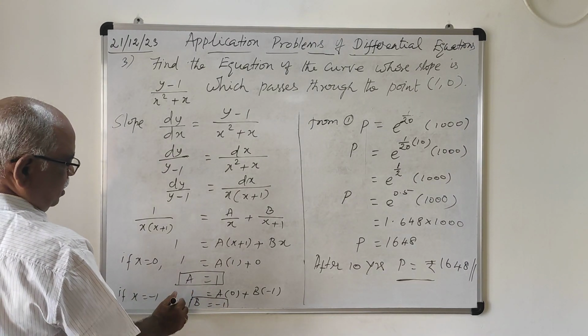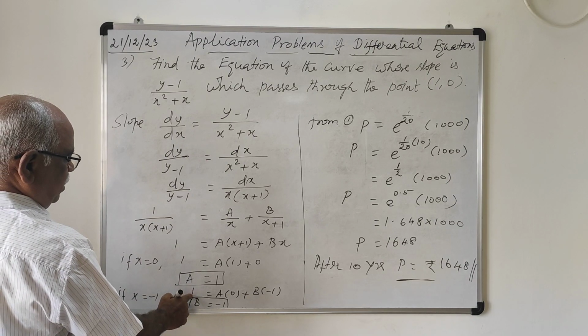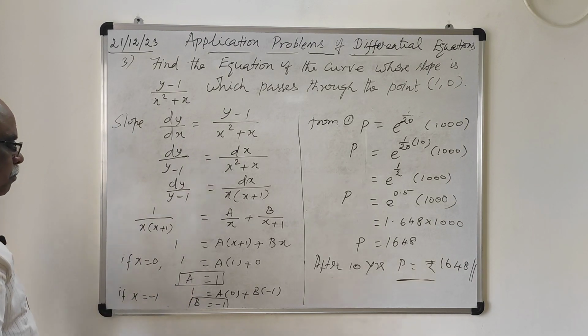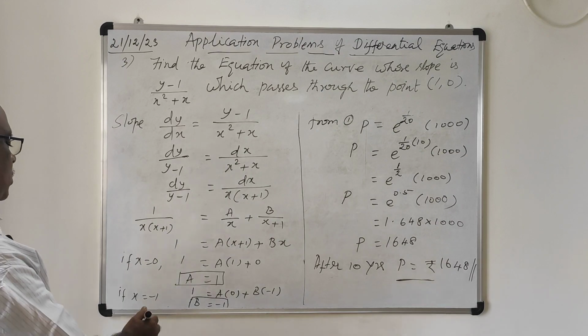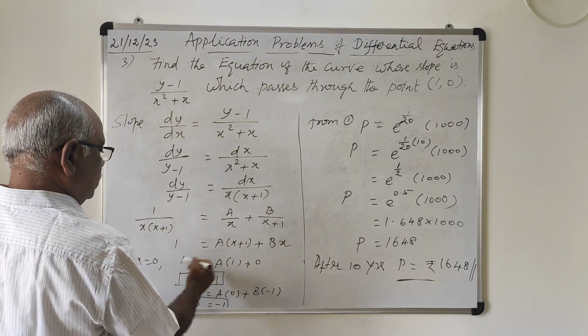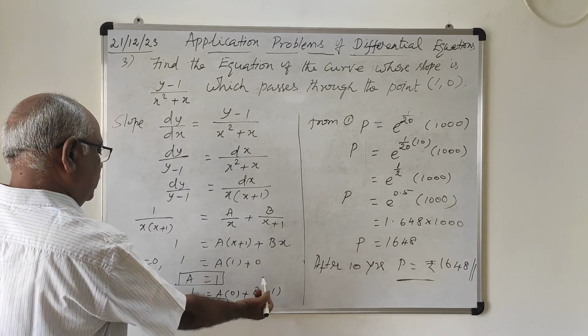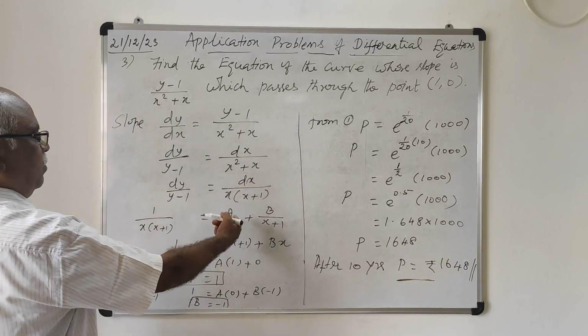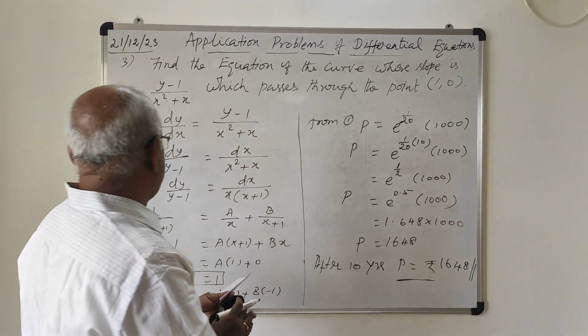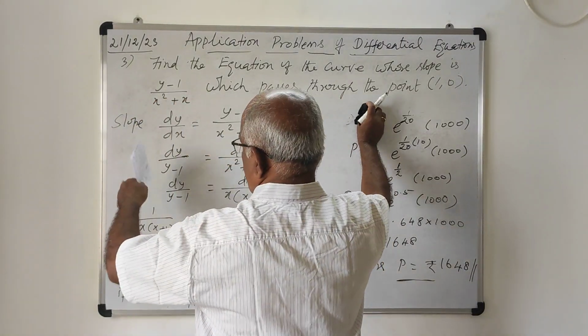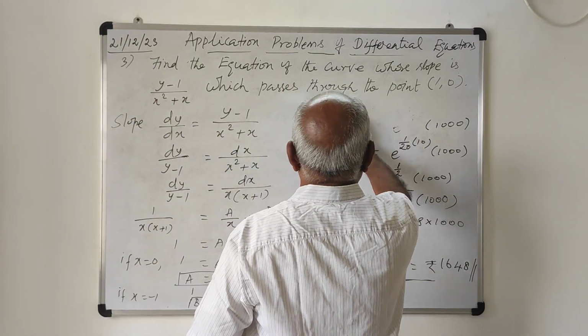Now b equals minus 1. If you put x equals minus 1, the left hand side is 1 equals a into (minus 1 plus 1), which is 0, plus b into minus 1, so b is minus 1. A and b determined, you now split this into integrals, the left hand side integral as usual dy by (y minus 1).